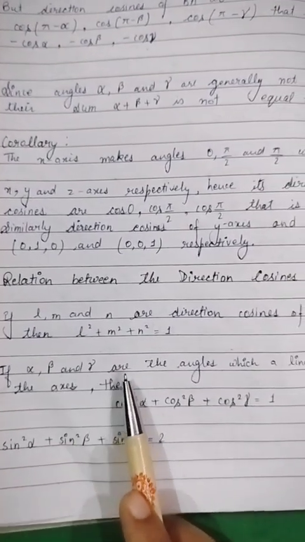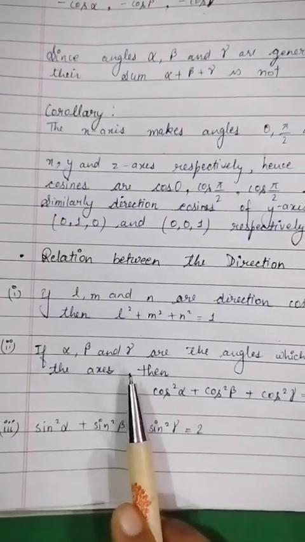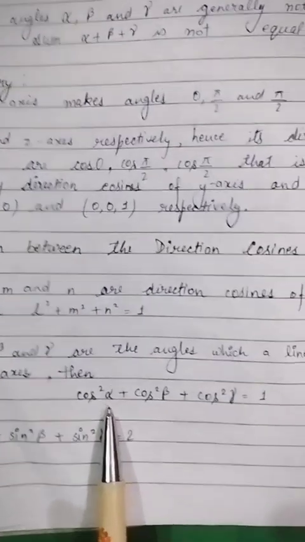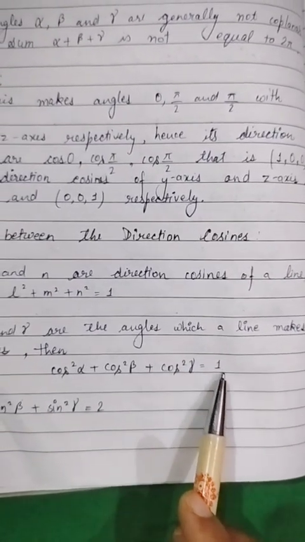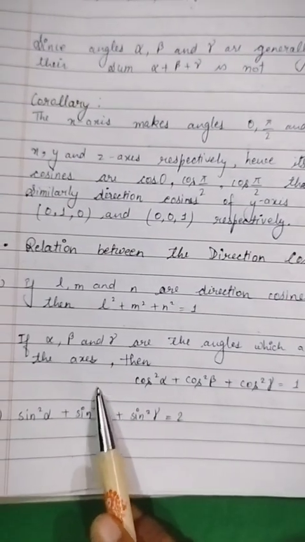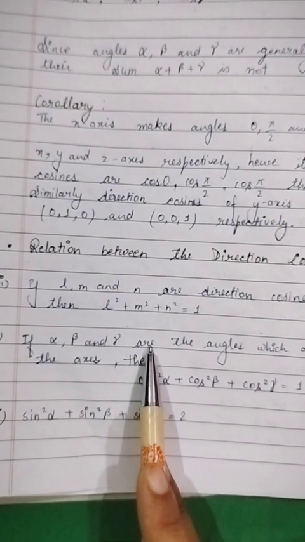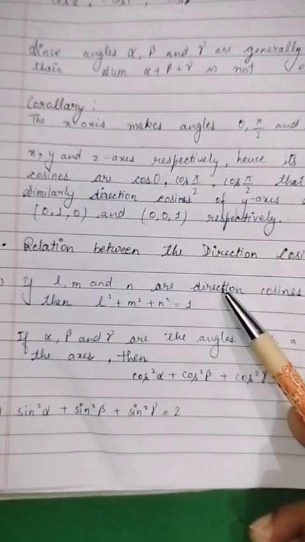If alpha, beta and gamma are the angles which a line makes with the axes, then cos square alpha plus cos square beta plus cos square gamma is equal to 1. If alpha, beta and gamma are the angles, we can draw this result from the above one.